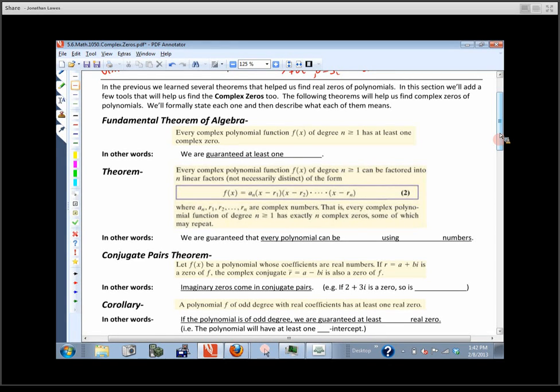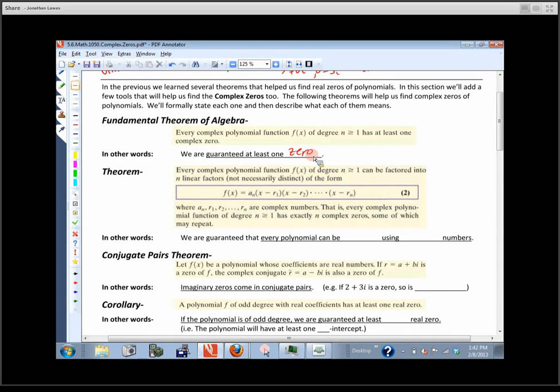So all this means is if you're dealing with a polynomial that has complex coefficients, usually we deal with ones with real coefficients, not imaginary coefficients, then we're guaranteed at least one zero. If it's at least degree 1, we're guaranteed that we're going to find at least one complex zero.